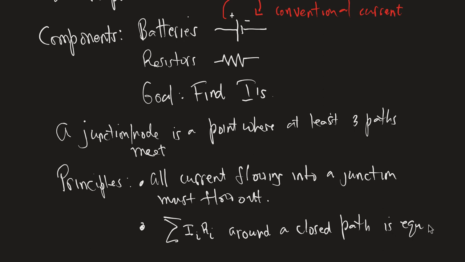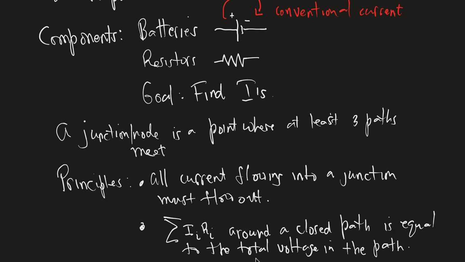So it is equal to the total voltage in the path. Here we go. So we have a closed path. The sum of the products of IR must be equal to the total voltage in the path.